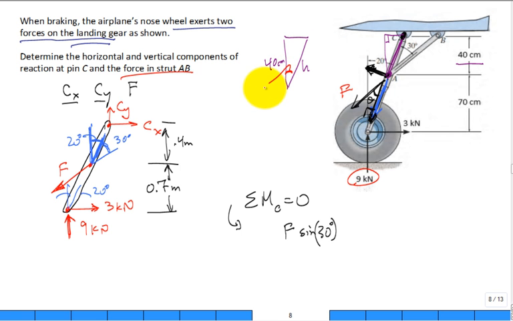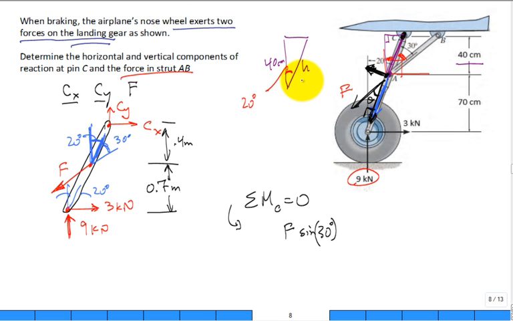So what is this angle right there? Isn't that 20 degrees? I got a few confirmations that this angle right there is 20 degrees. Look good? All right.